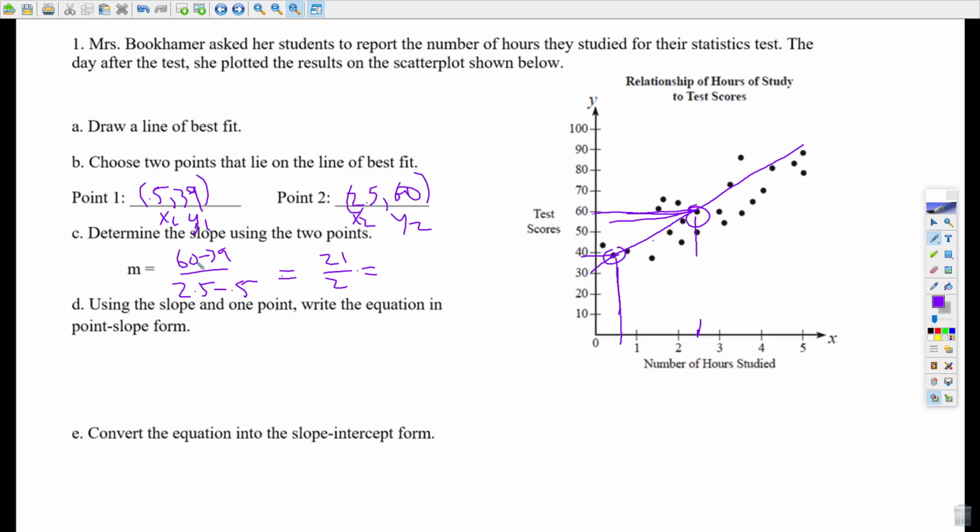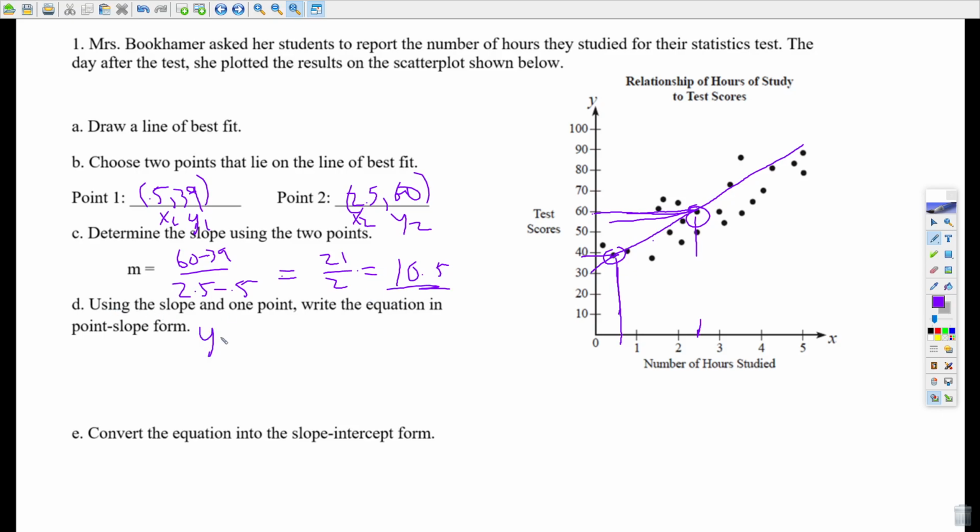Right? 2.5 minus 0.5. So this is actually 11.5. Wait, 10.5. Hold up. 10.5 is your slope. And I think that if you draw a similar line to me and pick points that are a decent estimate, you'll get close to around 10 as your slope. So if you have like 10, 11, or 12, that's pretty good.